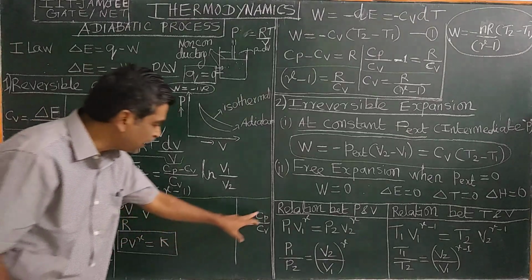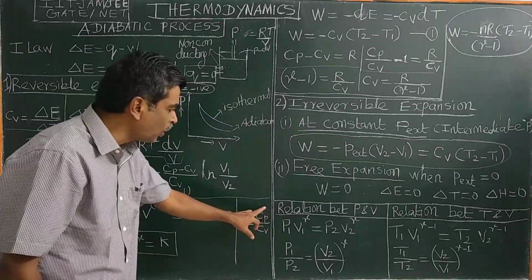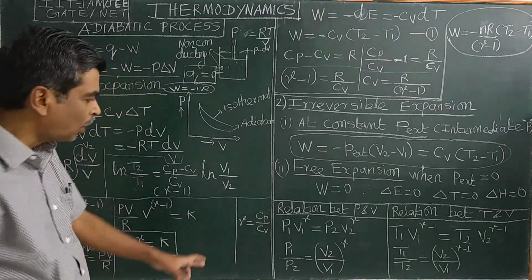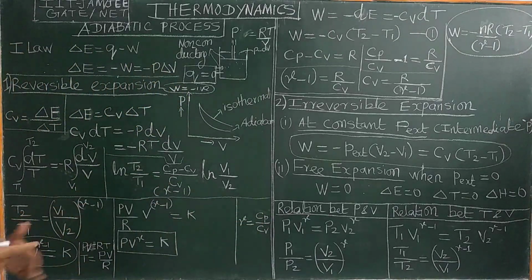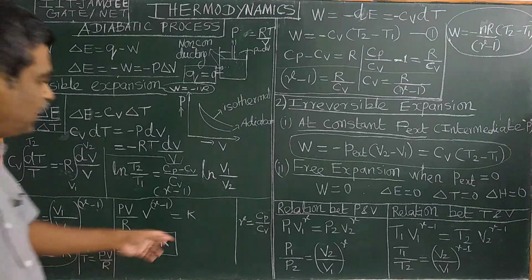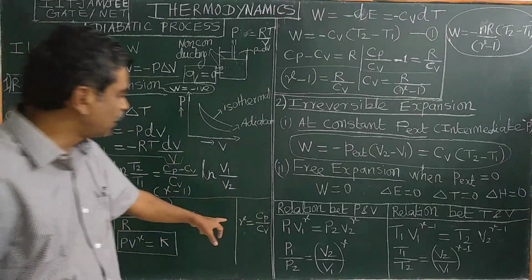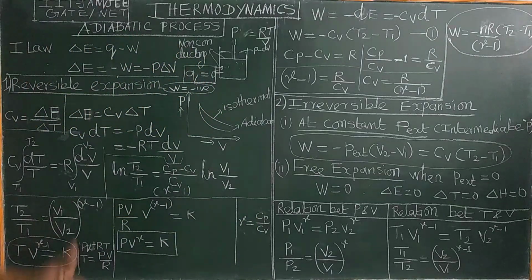Gamma is the ratio of Cp and Cv: the molar heat capacity at constant pressure divided by the molar heat capacity at constant volume. We have seen in the previous video, on degrees of freedom, that you can calculate gamma using the degrees of freedom.